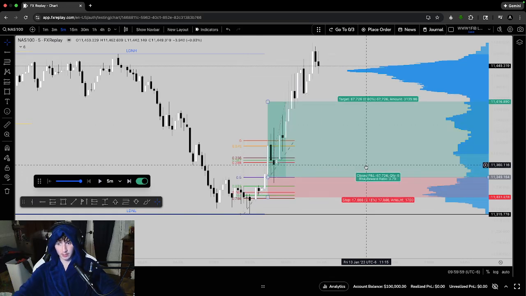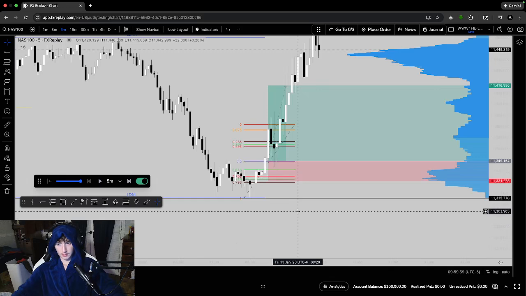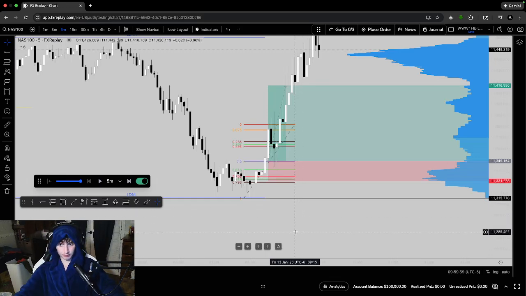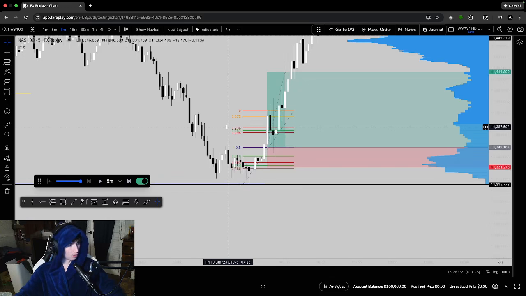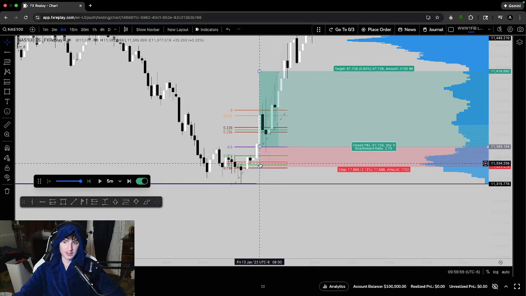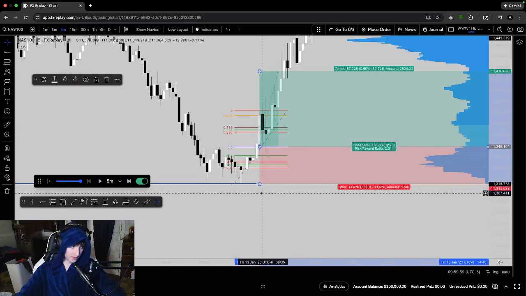This was 60 points, risking... Also, one more thing. I think that from now on, when we do trades, we need to see if it's possible to put the stop at the bottom of the Fibonacci tool.